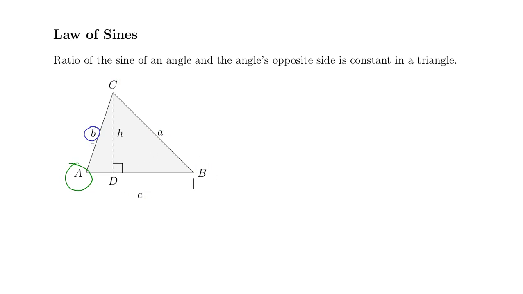I've put on this triangle a nice vertical line dropping down from angle C to get this nice right angle here. So we're cutting this up into two right triangles.